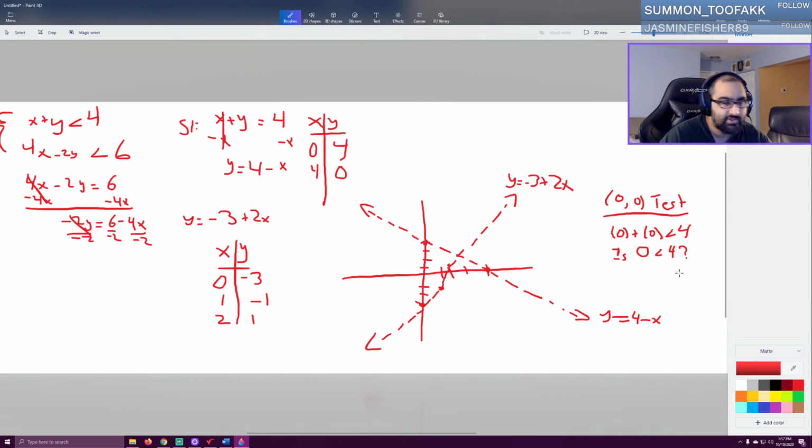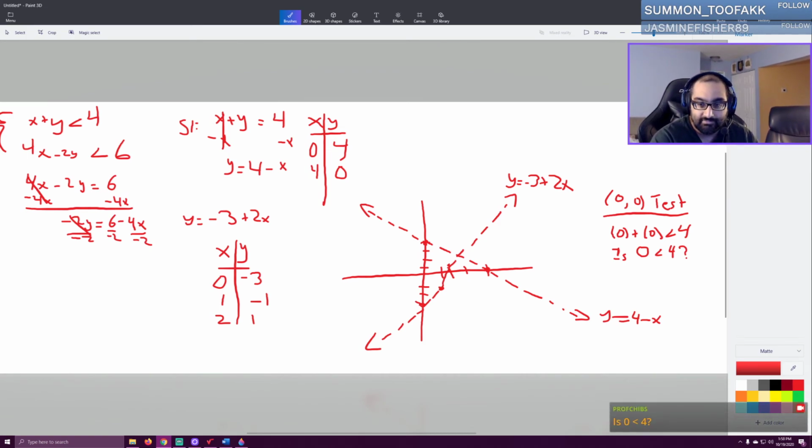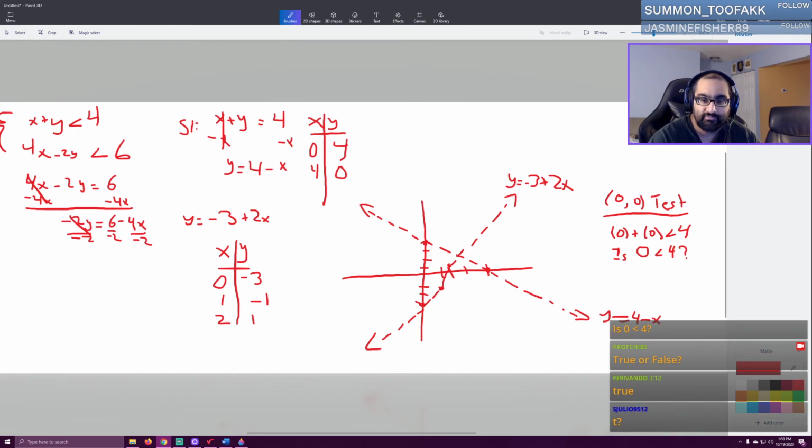Is this true or false? Okay, so the answer is true, right? 0 is definitely less than 4.